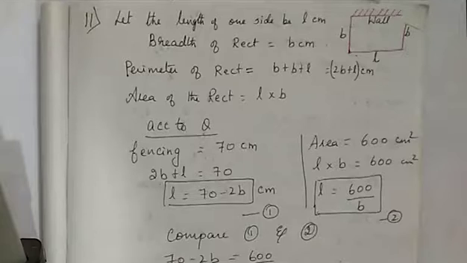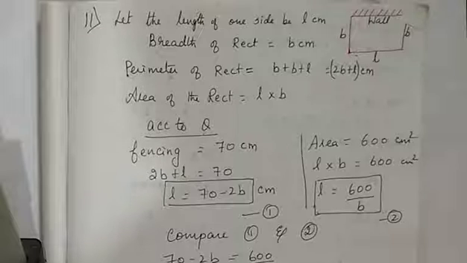A farmer has 70 meter of fencing with which he encloses 3 sides of a rectangular sheep pen, the fourth side being a wall. If the area of the pen is 600 square meter, find the length of its shorter side.